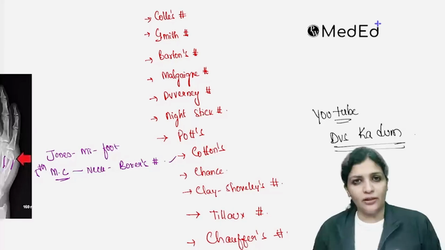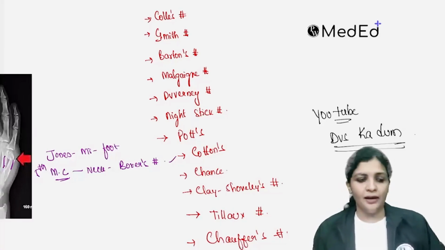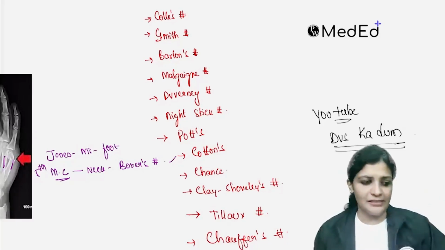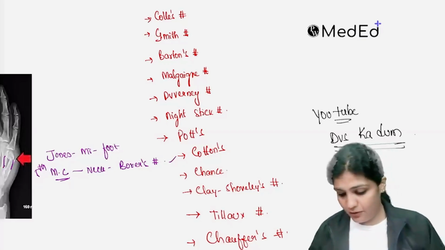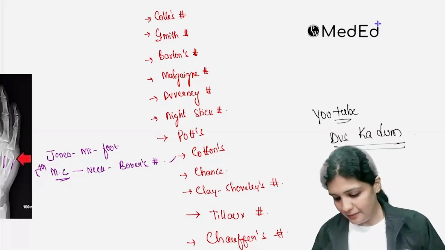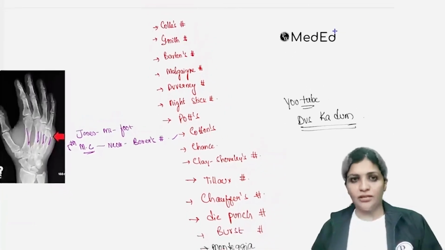Try to answer all these fractures. Colles, I will just tell them orally, nothing to write. If you want to know them in detail, you can go back to that YouTube session. And forearm, I forgot. Yeah, very good. Monteggia and Galeazzi. These two are again very important. So these are the fractures.